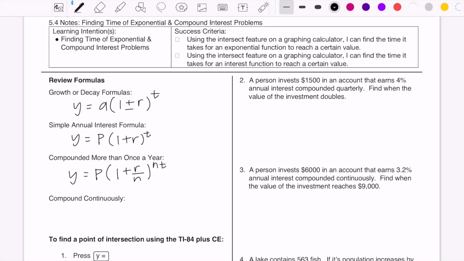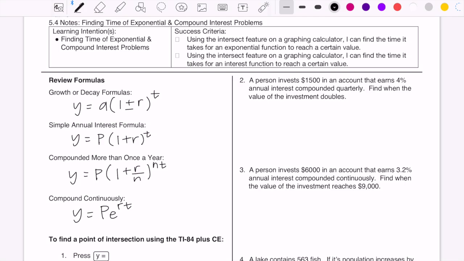If you don't want to memorize an extra formula, you can ignore the simple interest formula, and when it says compounded, you just put 1 in for n. And then the continuous one is Pert, P e to the rt.